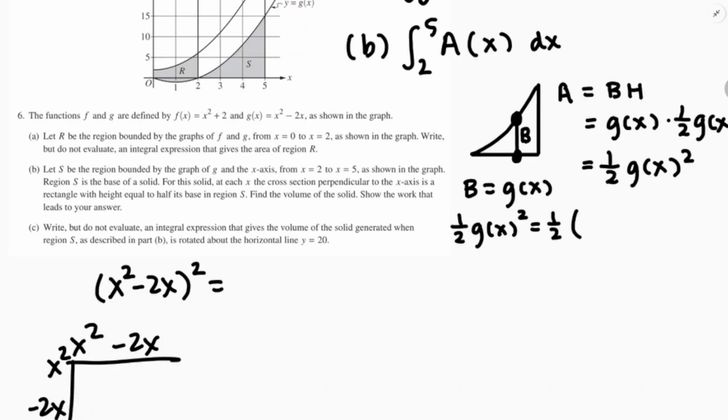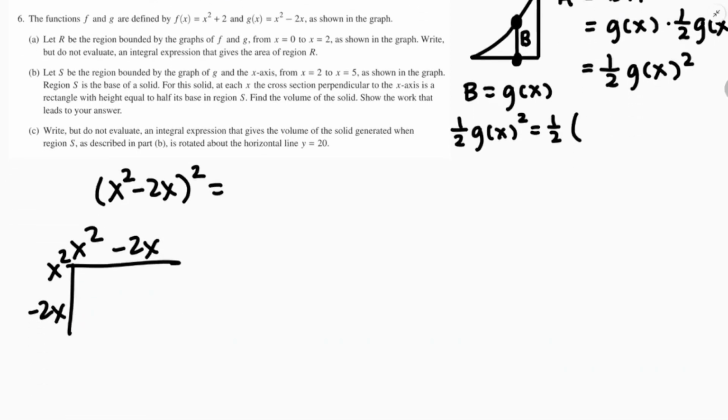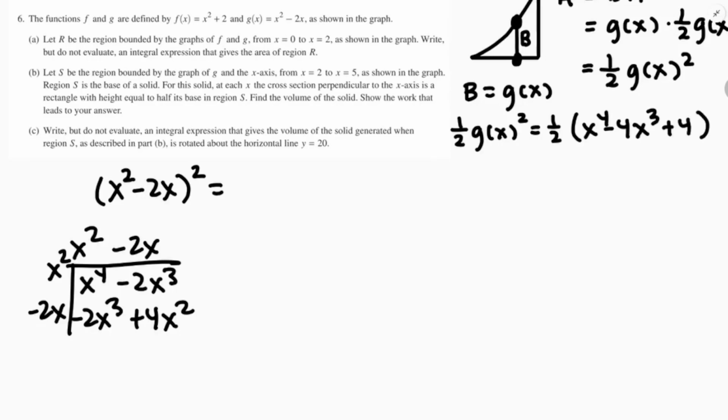This is maybe not quite enough room, but it'll be all right. x to the 4 minus 2x to the 3 minus another 2x to the 3 and plus 4x squared. So I'll have x to the 4. On x to the 3, I'll have negative 4 of those. But at least this will be decent to integrate. And that's what I've got.